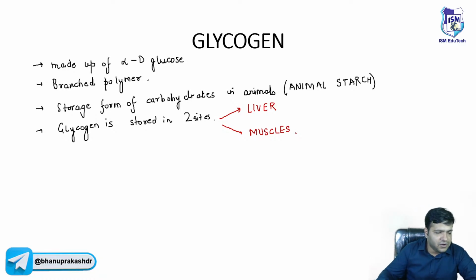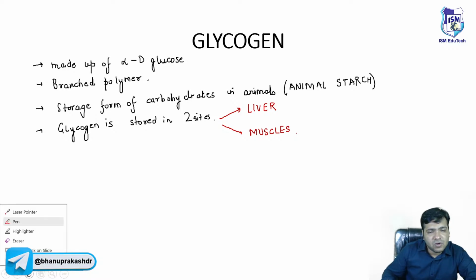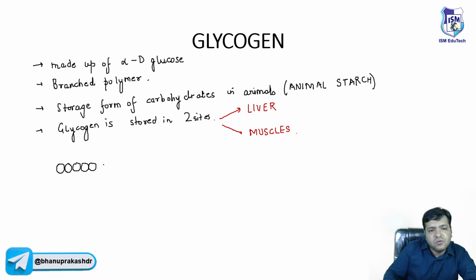Now, when I say glycogen as a branched molecule, beta, suppose this is glucose, this is glucose, glucose, glucose, glucose, glucose. These glucose are linked together, and they are also linked via branches.